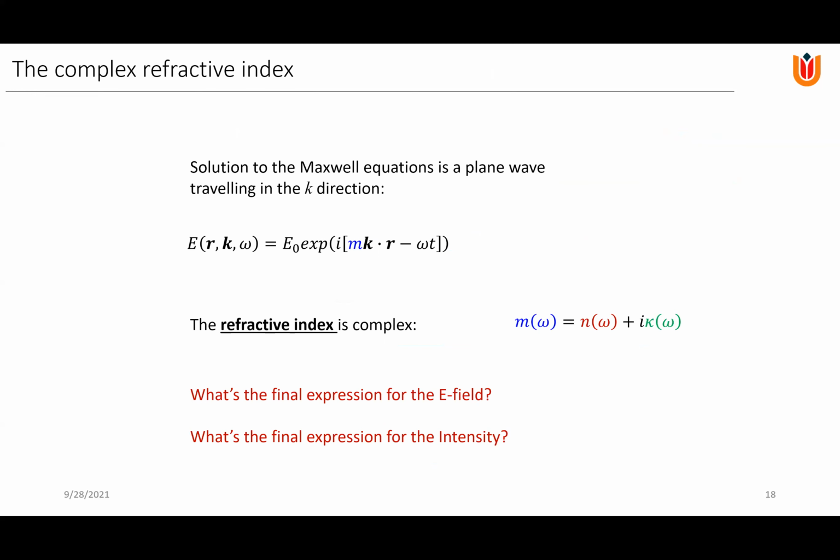Can you now, just by substitution, write down what the final expression for the electric field is going to be? Then the second question is, knowing that, what is the expression for the intensity? So it's a very short question, I think.